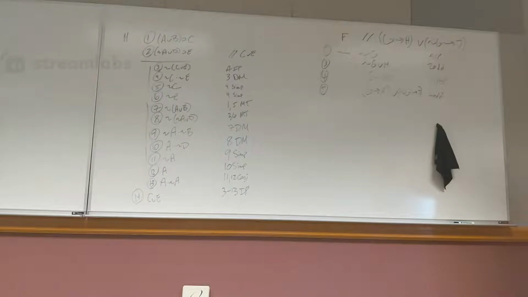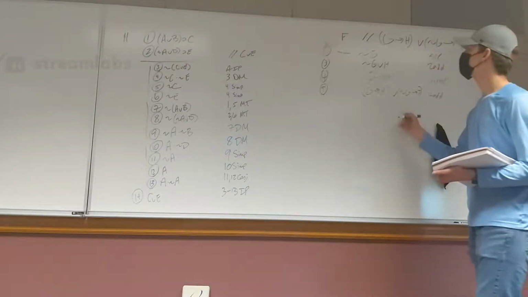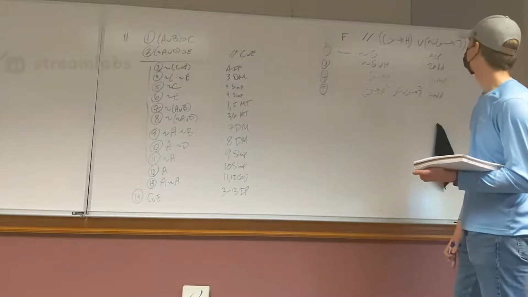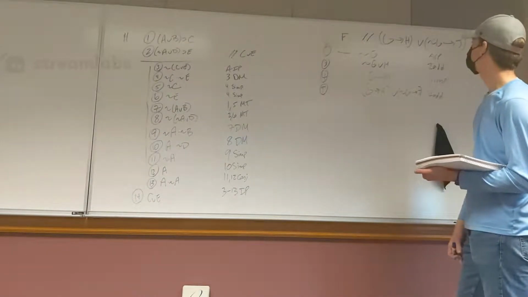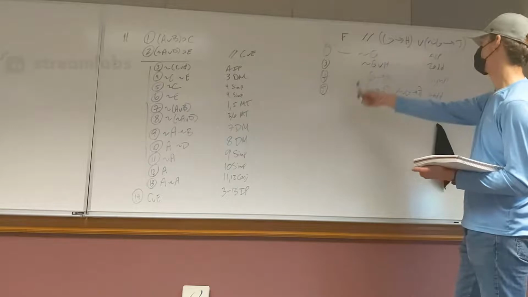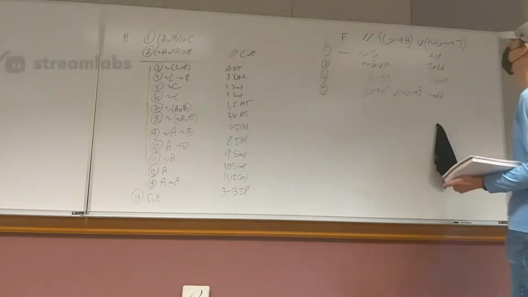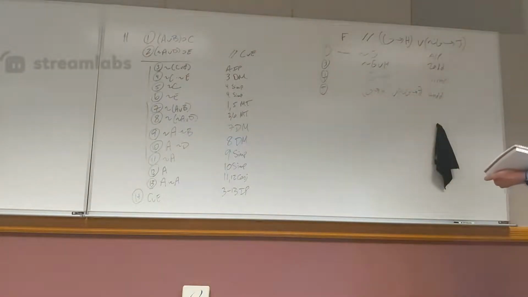So now if you close out your assumption, what do you get? Oh man, because isn't it not G then? Mm-hmm. Yep. You end up getting not G then H or not G then J. How do you do this one then?